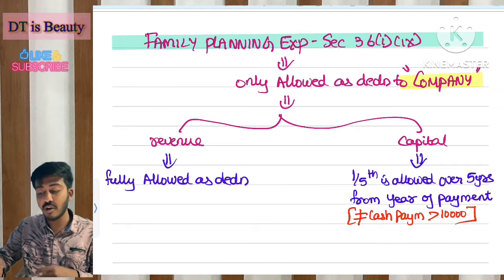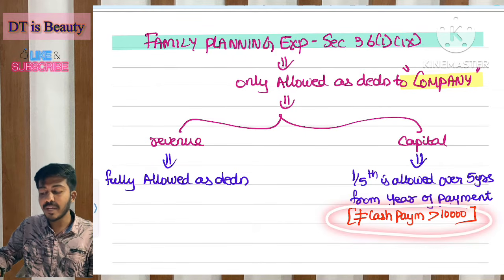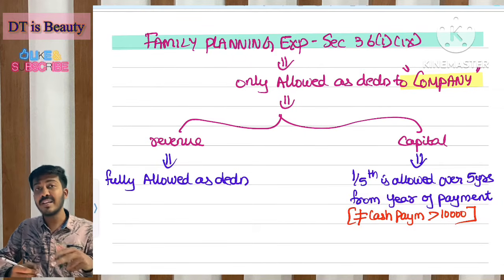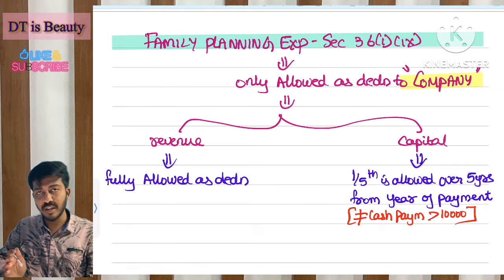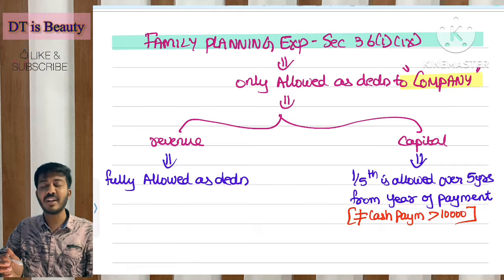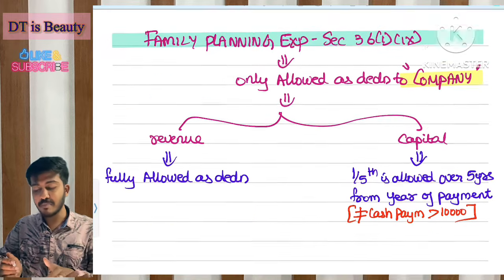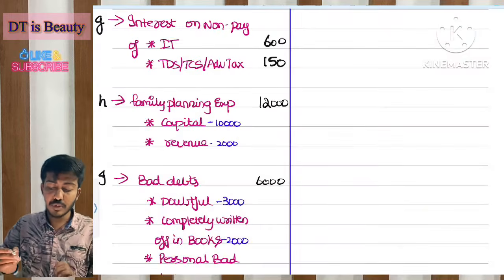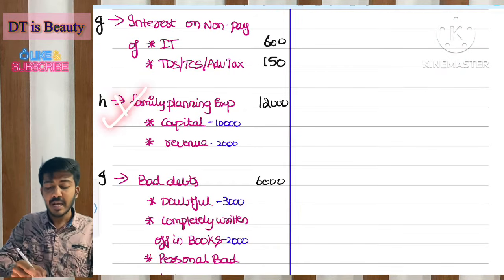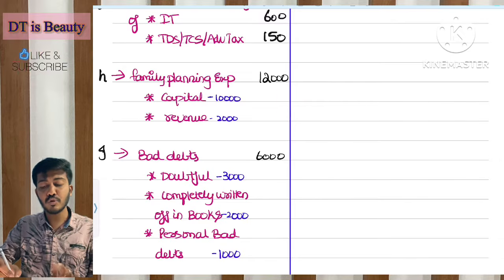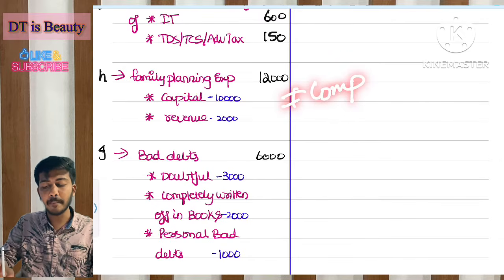Each year 1/5 is allowed, and cash payment should never be greater than 10,000. If it is greater than 10,000, you should make payment otherwise than by cash only. We learned account payee cheque, bank draft, electronic clearing system, all those things. It should be otherwise than by cash method only. So that is the family planning concept. Here it is a tick. Nothing is allowed because Sukumar is not a company.